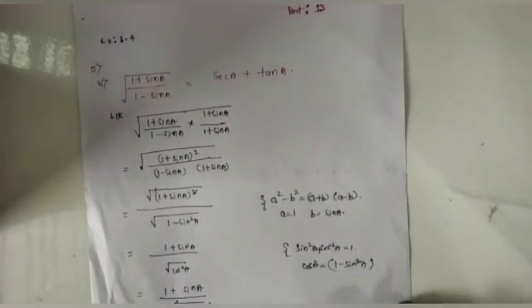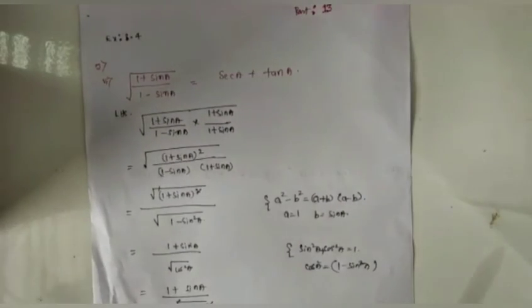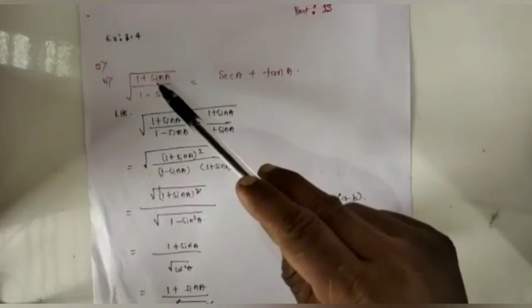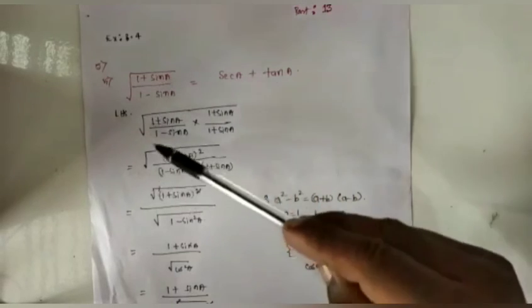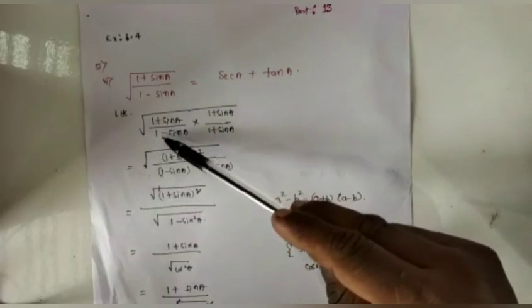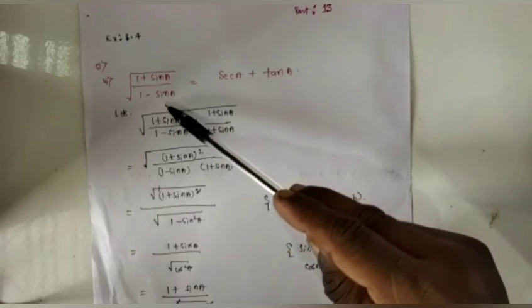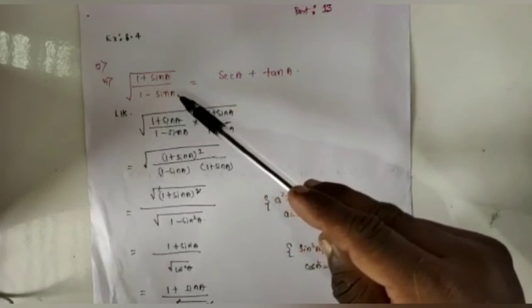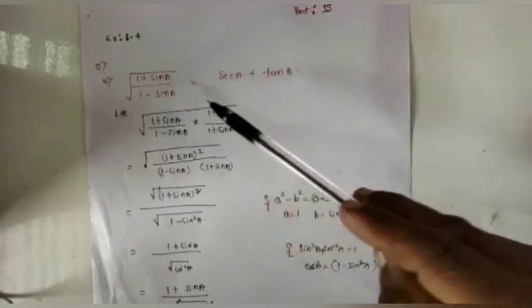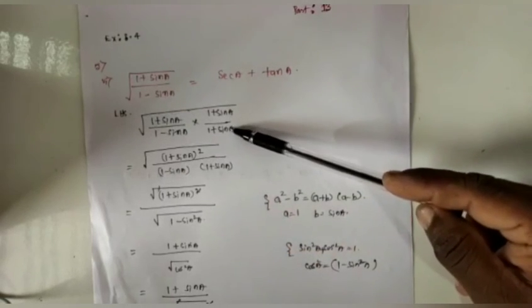Yes. I am going to repeat once again. We need to show that LHS equals RHS: the square root of (1 plus sine a divided by 1 minus sine a) equals secant a plus tan a. The rationalizing factor of 1 minus sine a is 1 plus sine a.